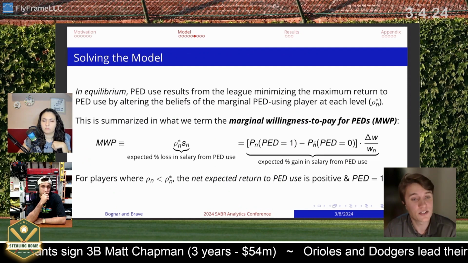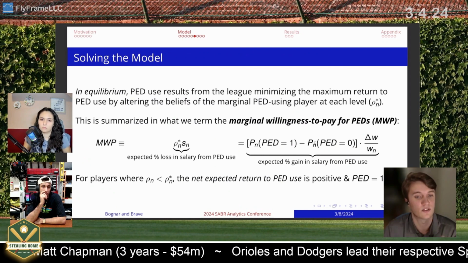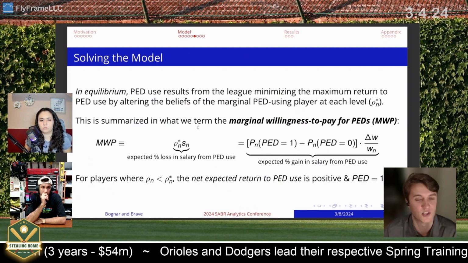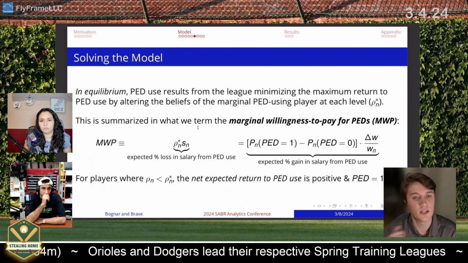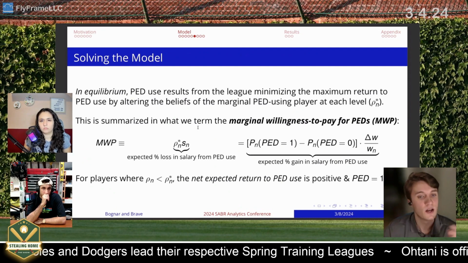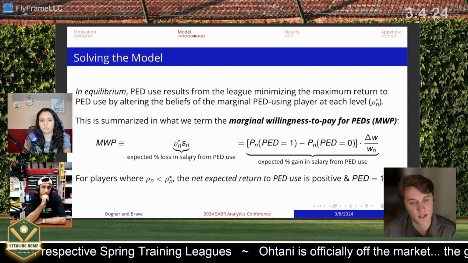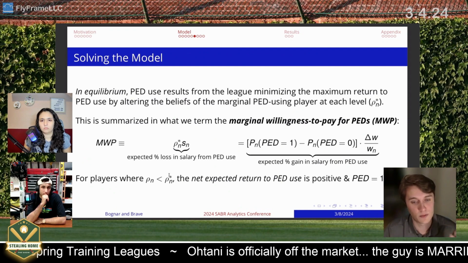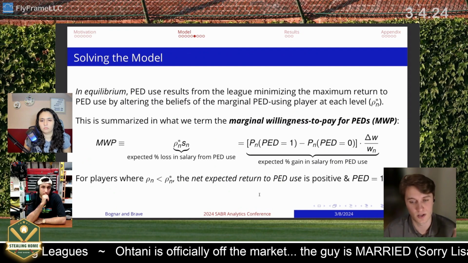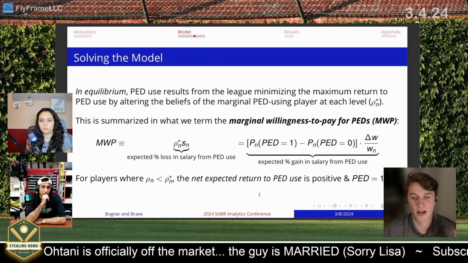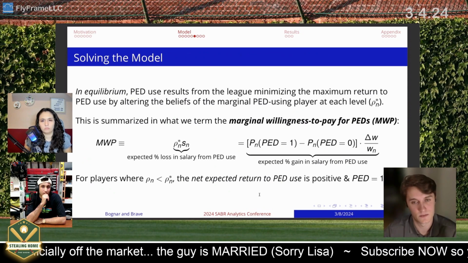Now, everybody else's suspension beliefs relative to this rho star is what's going to determine PED use in the league. And so for players who have suspension beliefs that are less than the suspension beliefs of the equilibrium player, their net expected returns to PED use are positive, and as a result, they're going to use PEDs.